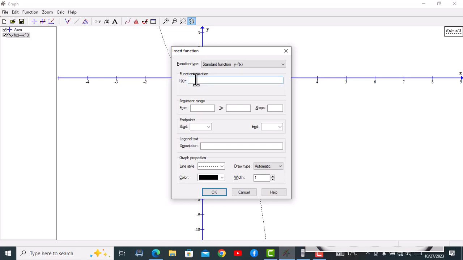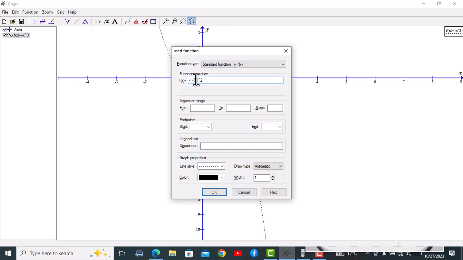So this is minus 1 divided by x squared. So how do I show that? Divided by x squared. So I can just do this x to the exponent of 2. So I have 1 divided by that.